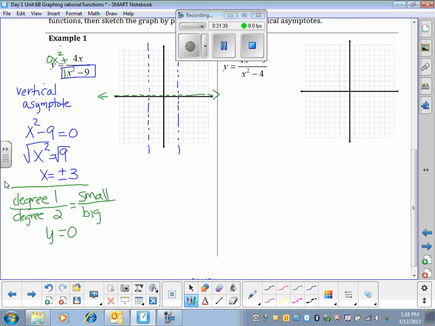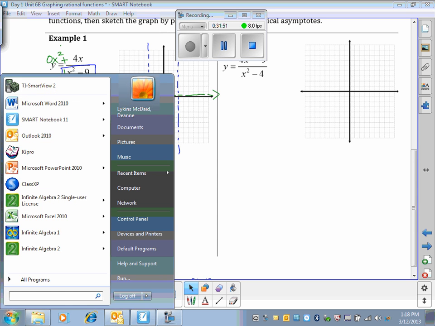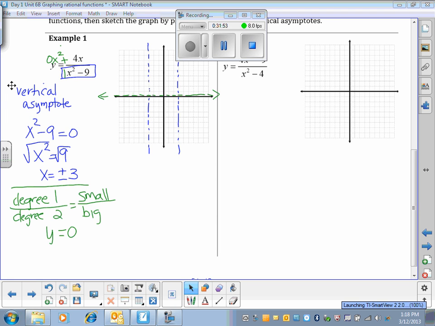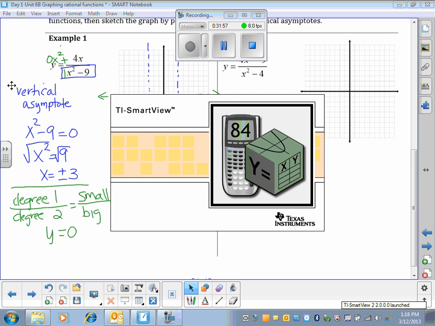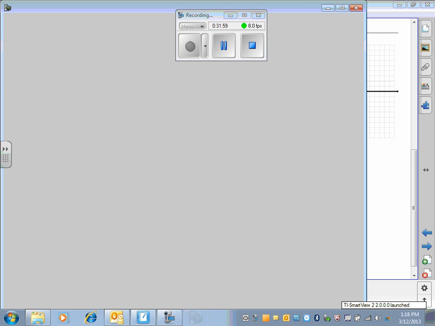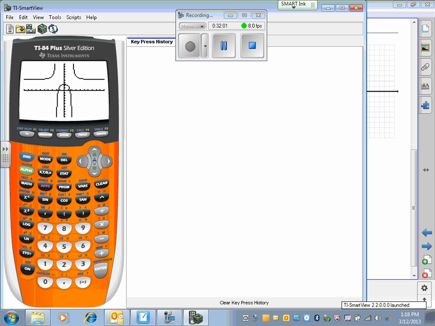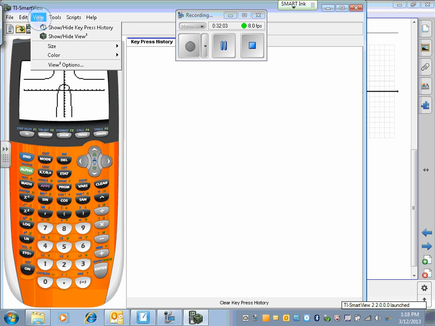All right. So now, let's do our sketch first. The way that I would do it if I were you is I would pull out my calculator. And remember, when you're using the calculator, it's really important that you put parentheses around your polynomials.